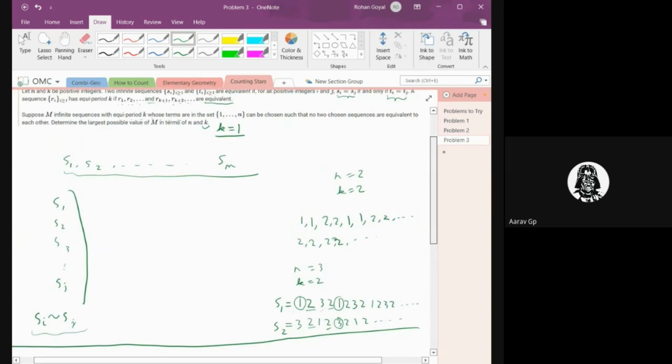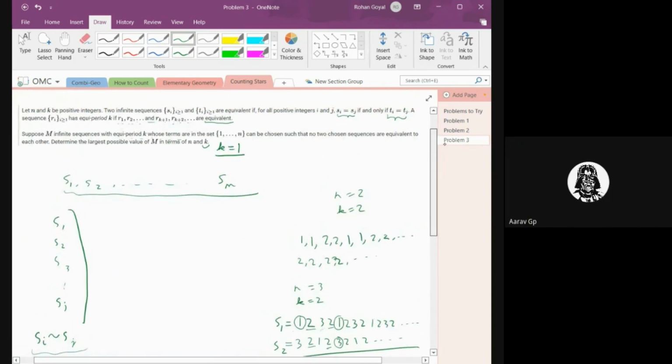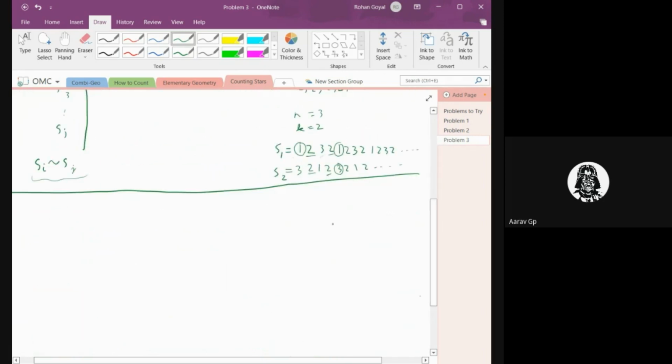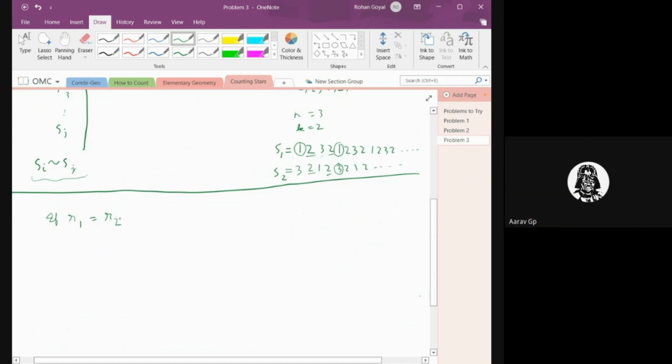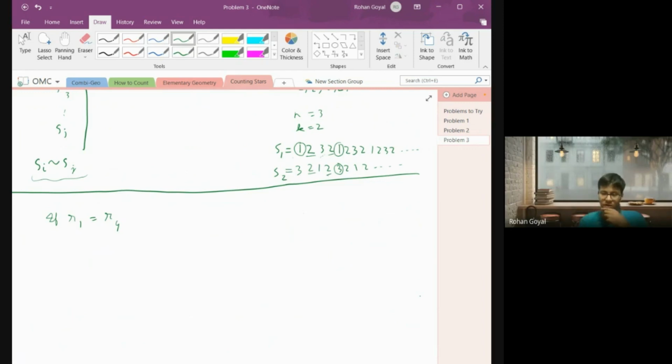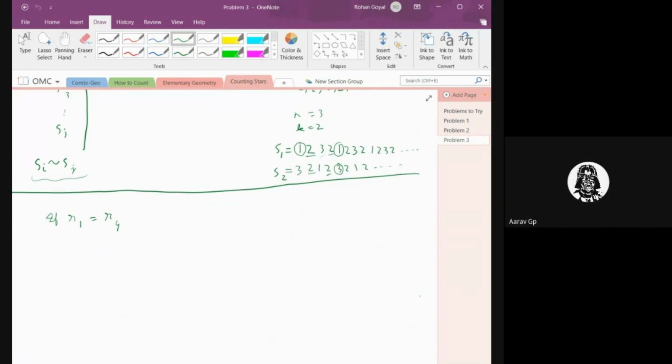For example, if R1 is equal to R4, then R1 is also equal to R2, according to the case that I was trying.